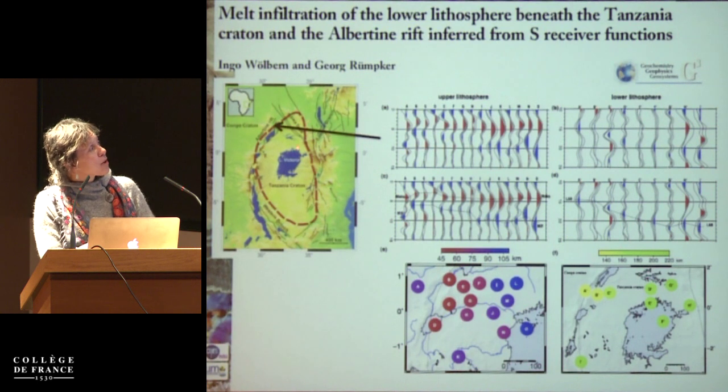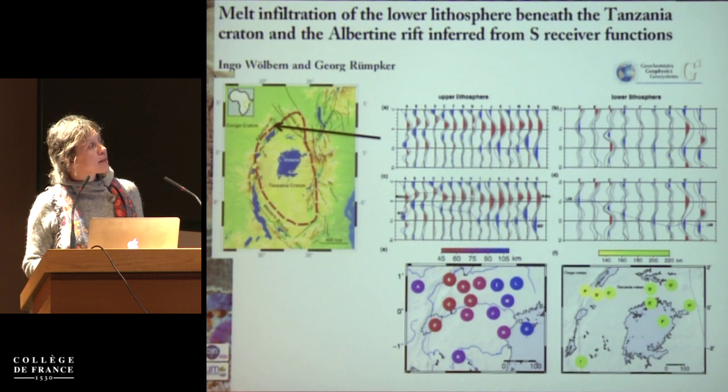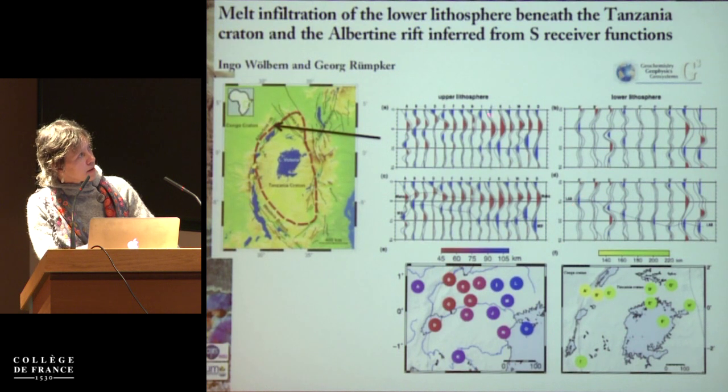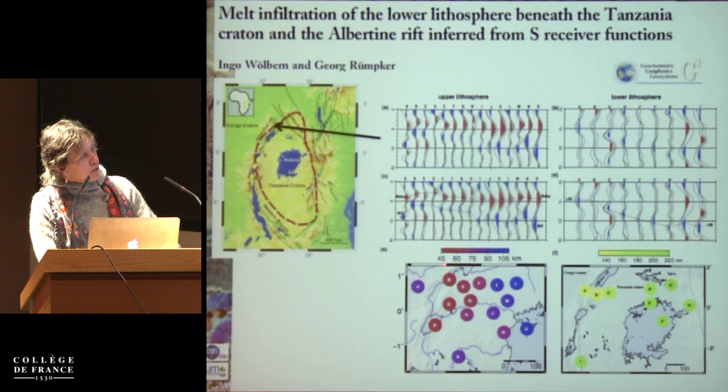For the same region, they have another set of data that indicates that they may have melts in the mantle lithosphere. This is the receiver function. We have already seen this figure, so this figure goes on top of this one. We have this lithosphere-asthenosphere boundary in this region, and here we have a mid-lithospheric reflector at depths between 45 and 100 kilometers, getting deeper towards the craton.